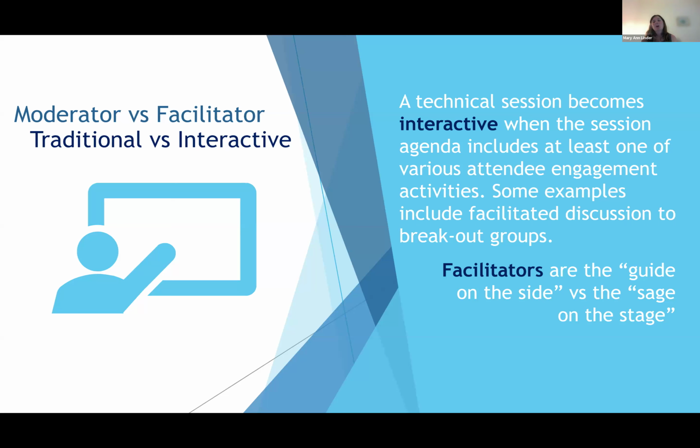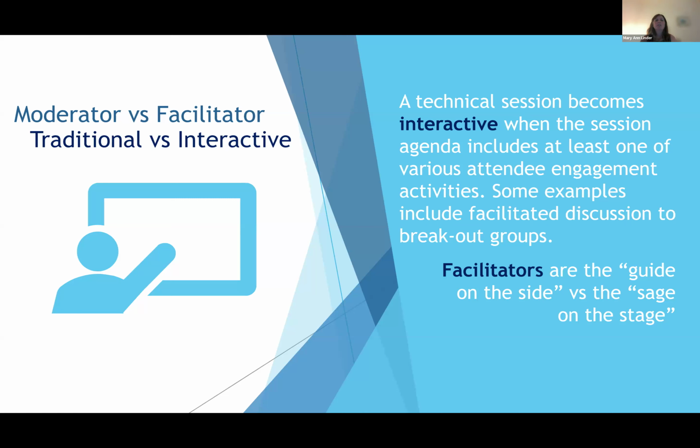A woman I know, Liz Gulliver from Kunik, put this amazingly well: a facilitator is really the guide on the side versus the sage on the stage. They're the guide on the side, keeping the session and the discussion moving.